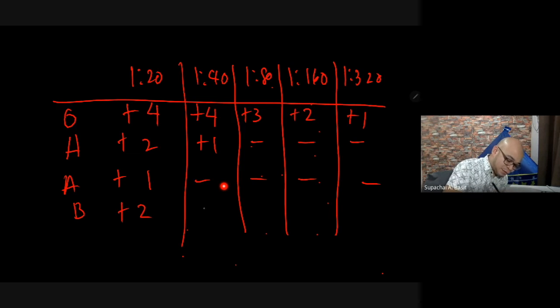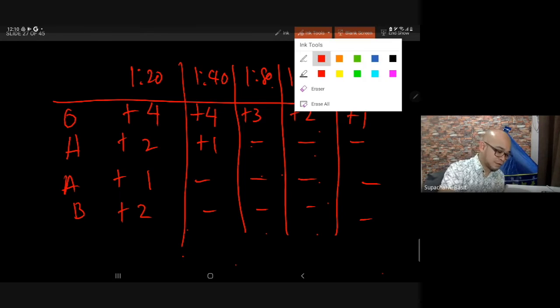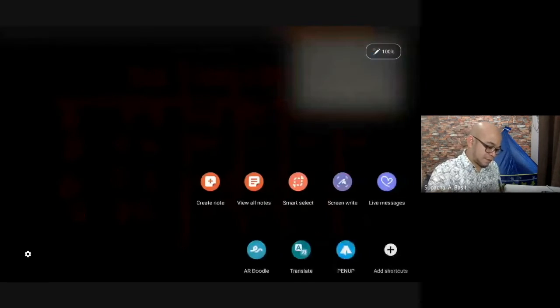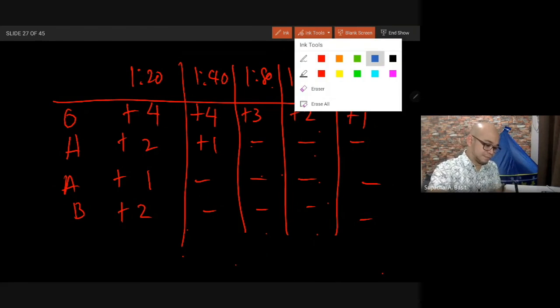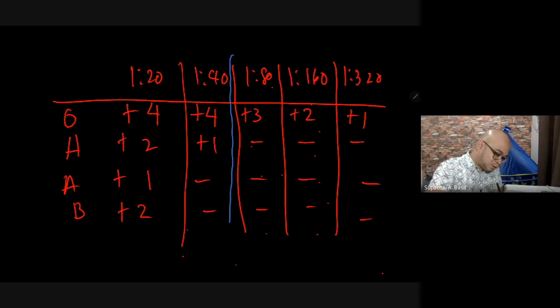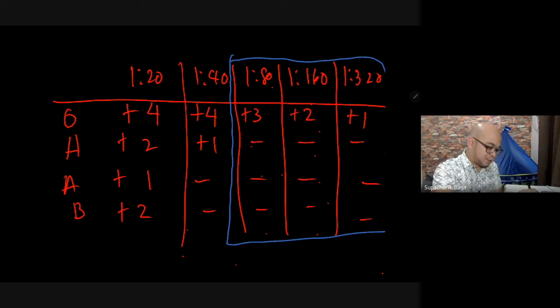Then you have +2, negative, negative, negative, negative. Okay, so you have to look at this box because 1:20 and 1:40 are not significant.